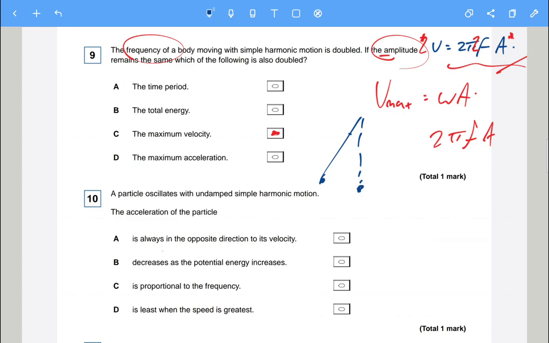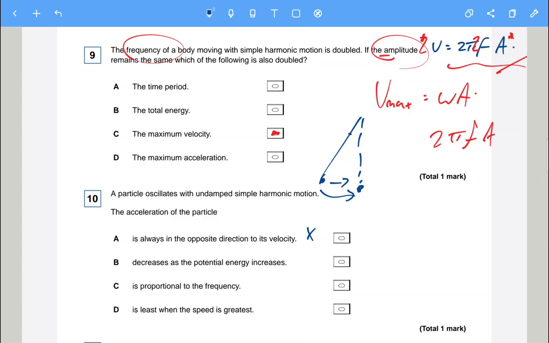So the acceleration of the particle is always in the opposite direction to velocity. Well, acceleration is always towards the centre. It's always a restoring force. But the particle will have a velocity vector towards the equilibrium position when it's moving in that direction, so it's definitely not A.